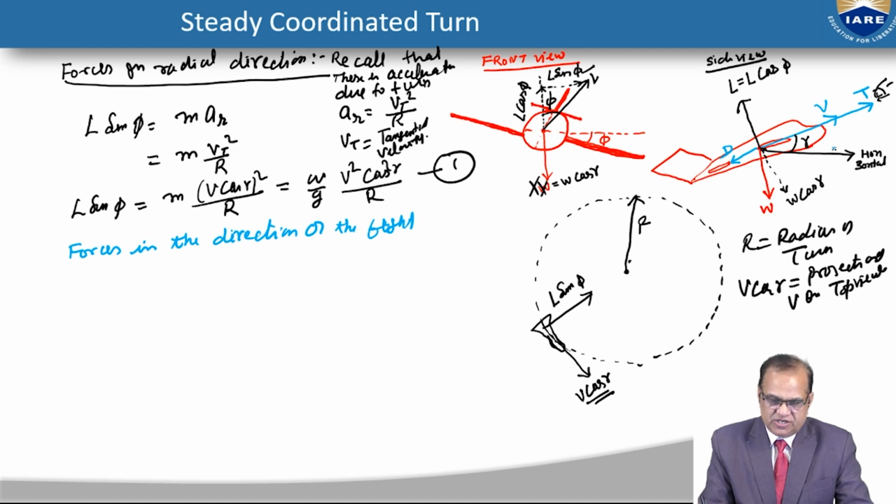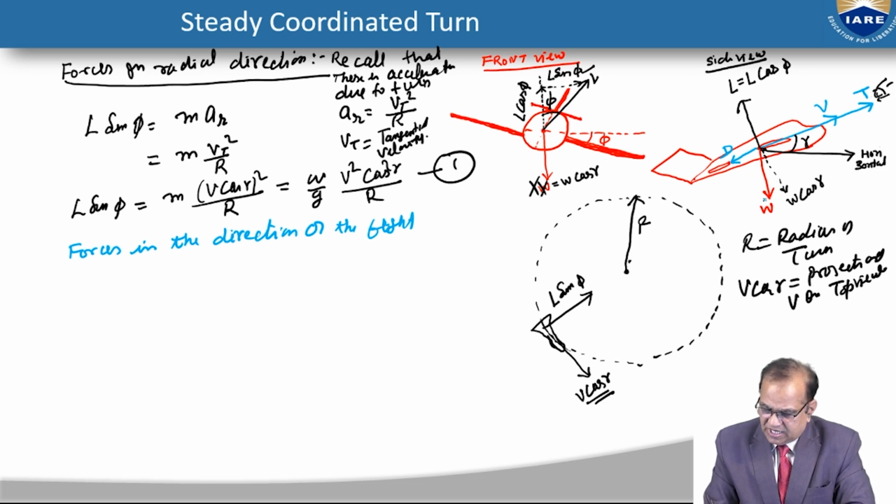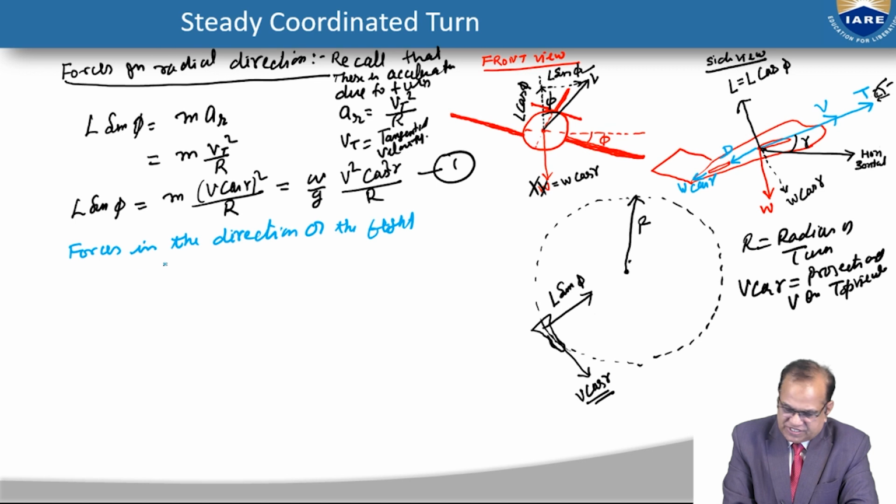Here we have the thrust. So we can write it in this way that T minus D, or T is equal to D. One component of this weight will be here. So here it will be W cos of gamma. So here if you see, T is equal to D plus W sine of gamma.